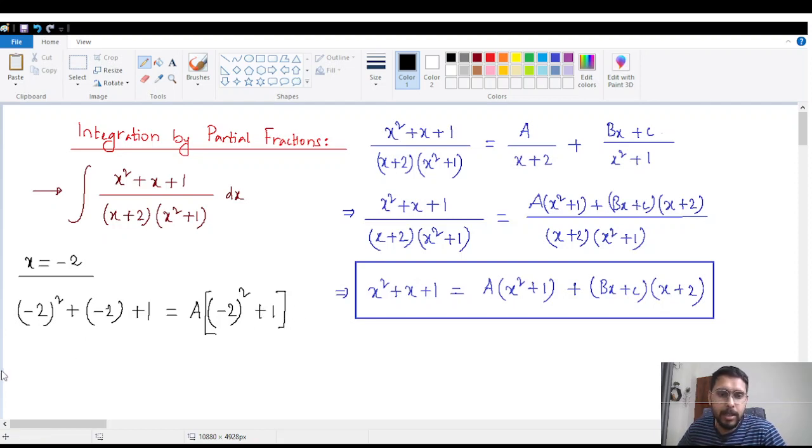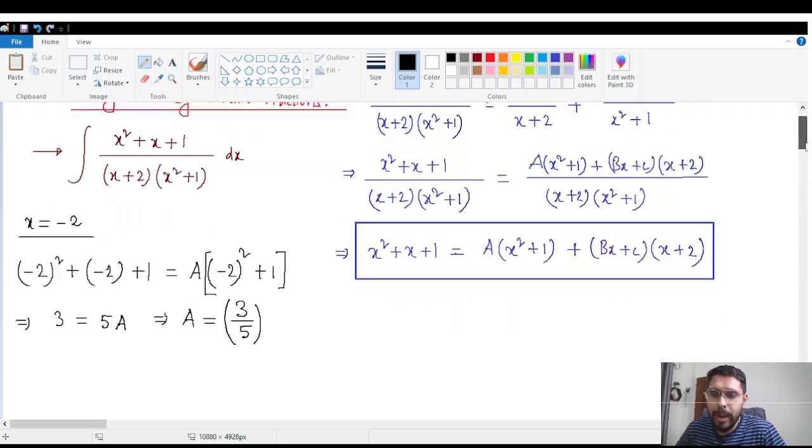That's it. The others will be eliminated. So now 2 square is 4 minus 2 plus 1, so 5 minus 2, 3. And here we are getting 5A, since 2 square itself is 4. So from here we are getting the value of A is equal to 3 over 5. So that is the first case, A is 3 over 5.